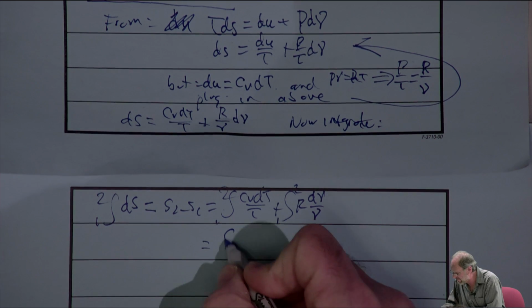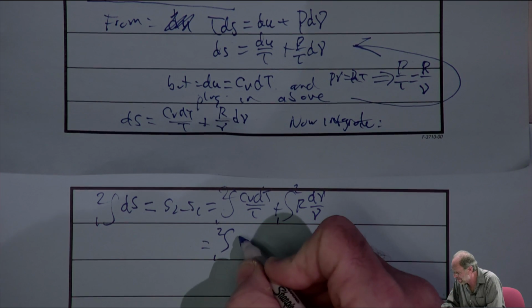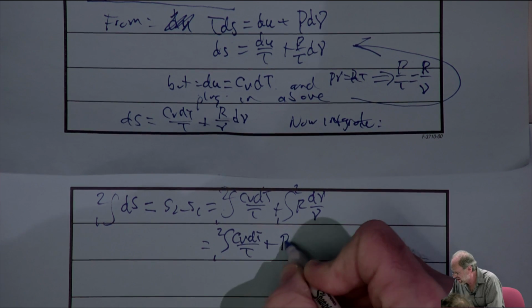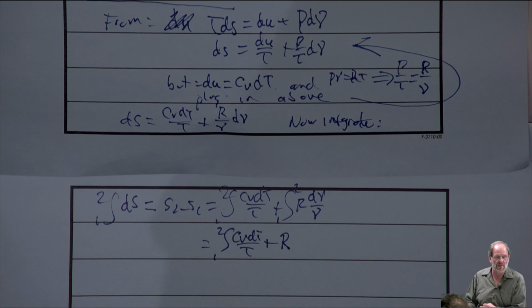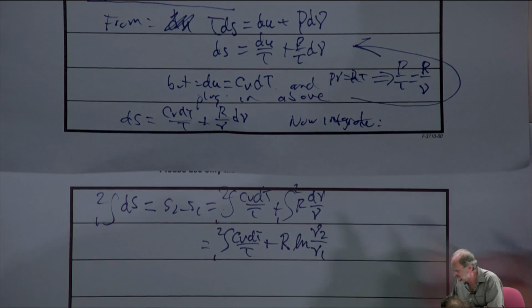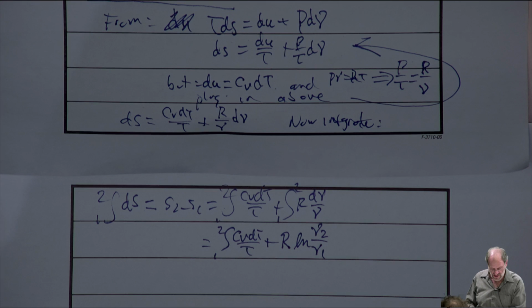So I could further rewrite this as the integral from 1 to 2 of CV dt over t, and then plus R. And then we should remember that the integral of dv over v is just the natural log. And applied between point 1 and point 2, it's the natural log of v2 over v1. So this is the equation that is applicable for these types of problems.